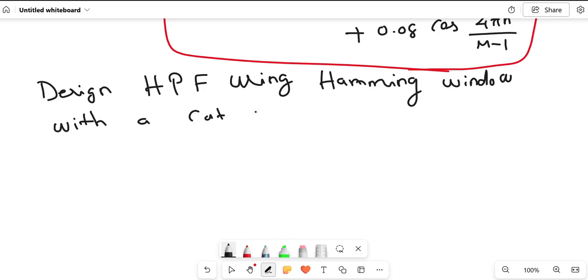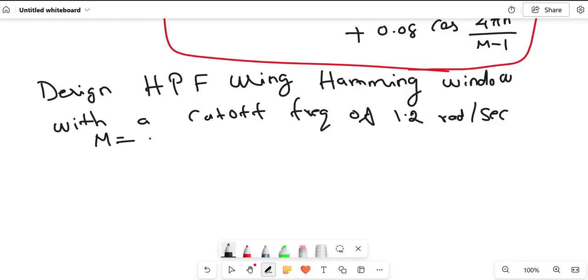The same problem, previously low pass filter, now high pass filter using Hamming window, with a cutoff frequency of 1.2 radians per second and M equal to 9, odd only.